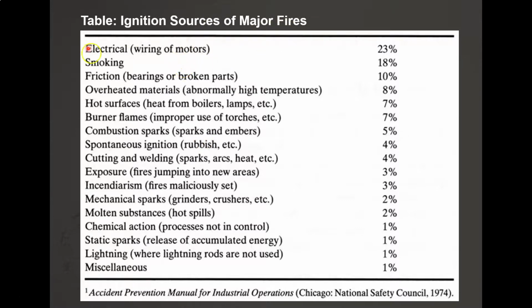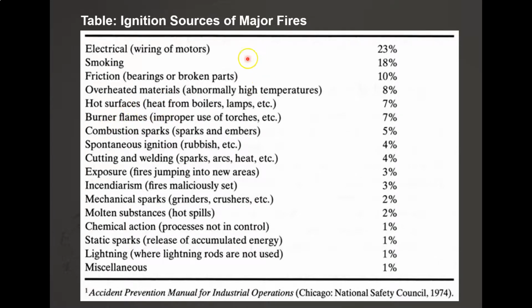As you can see, the ignition sources mostly come from electrical wirings of motors. From this table, what you can see is electrical, smoking, friction, overheated material, hot surface, and burner flames.